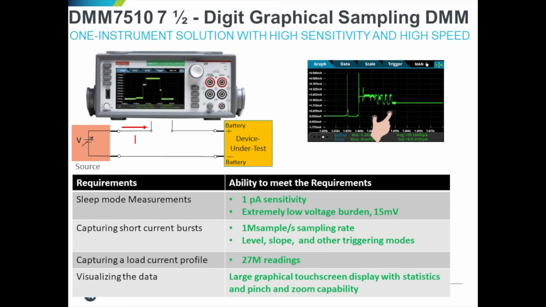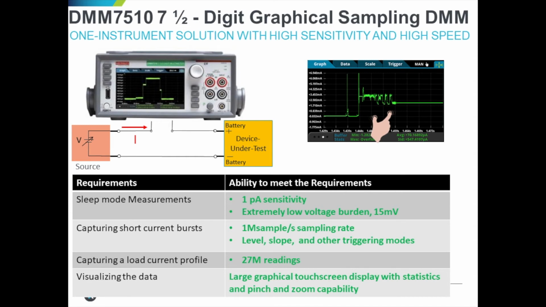But fortunately, Keithley has been focused on the IoT and power measurement application for some time and has the ideal solution, which resides in a digital multimeter that has high sensitivity, measurement accuracy, speed, and deep memory. Specifically, we'll highlight the 7.5-digit DMM7510.